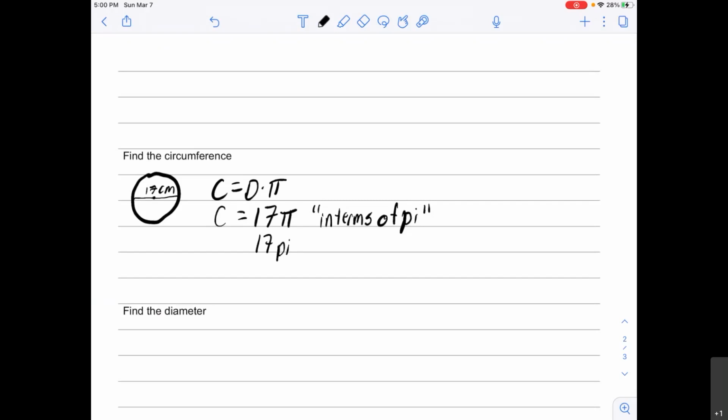The other thing you might be asked to do is use 3.14. In that case, you would do 17 times 3.14. In this case, we would get 53.38.